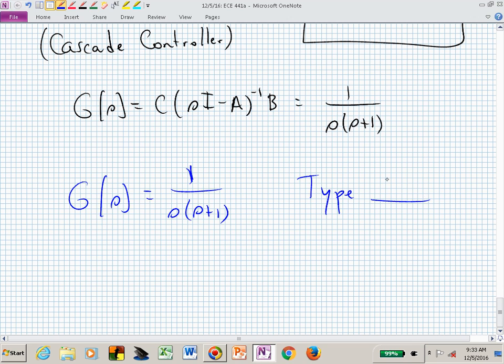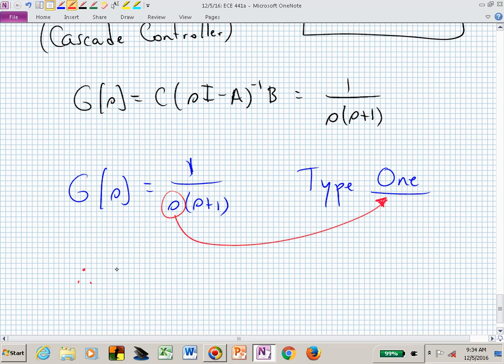Type 1. And that's because of that pole at the origin. So this is a type 1 system. And that's what guarantees our zero steady state error due to a constant input. We're guaranteed of that if we have this unit output feedback.